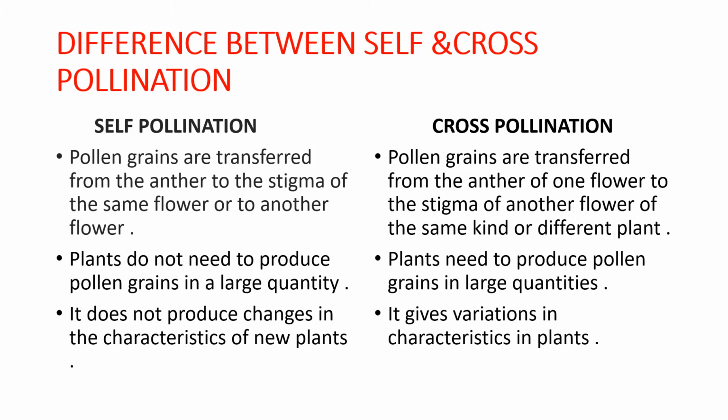But in cross-pollination, large amount of pollen grain has to be produced. And the third point, in self-pollination the parental character will be present as same in the young one, but in cross-pollination the young one may differ from the parent in its character.